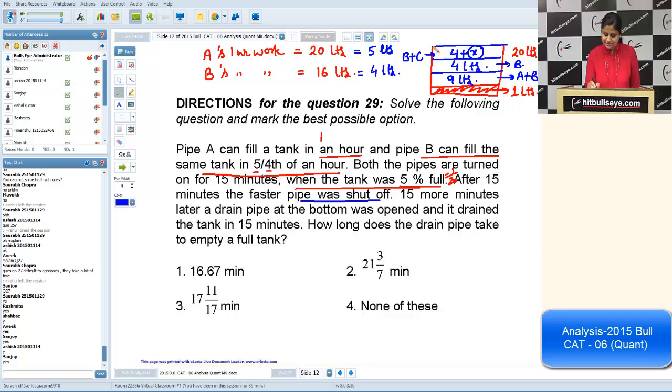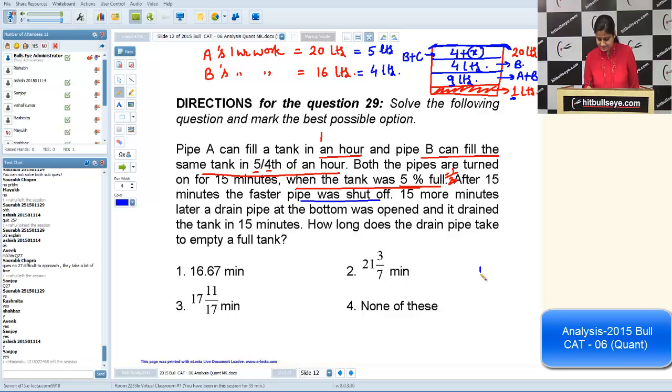It means, till the last moment, what are we pouring here? 18 liters. Is it okay? 18 liters.